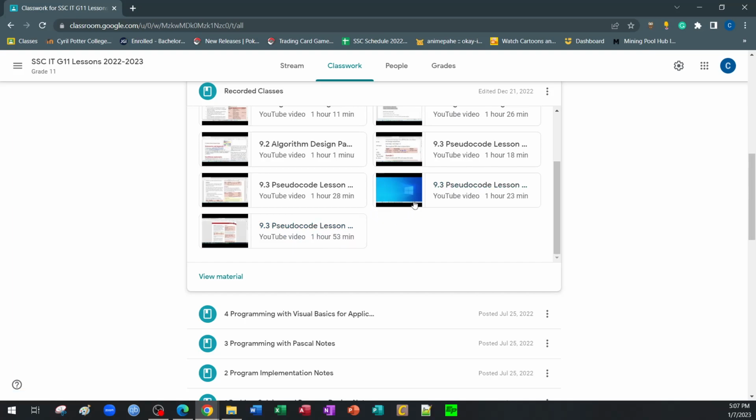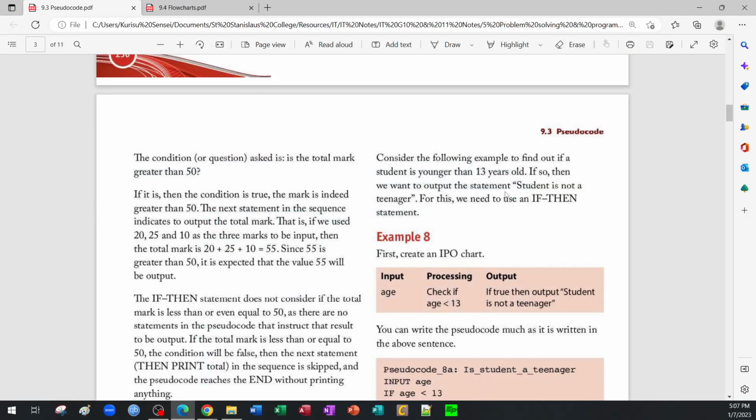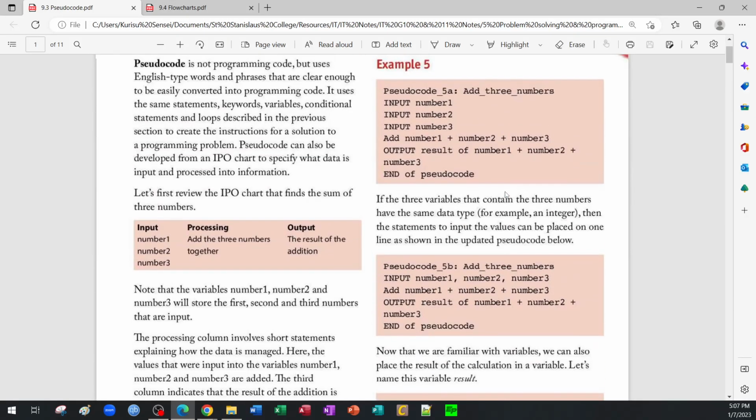So all the information in this chapter, chapter 9.3, is very important for your exam, because CXC tests you a lot on programming. So it's very important you get an understanding of programming.